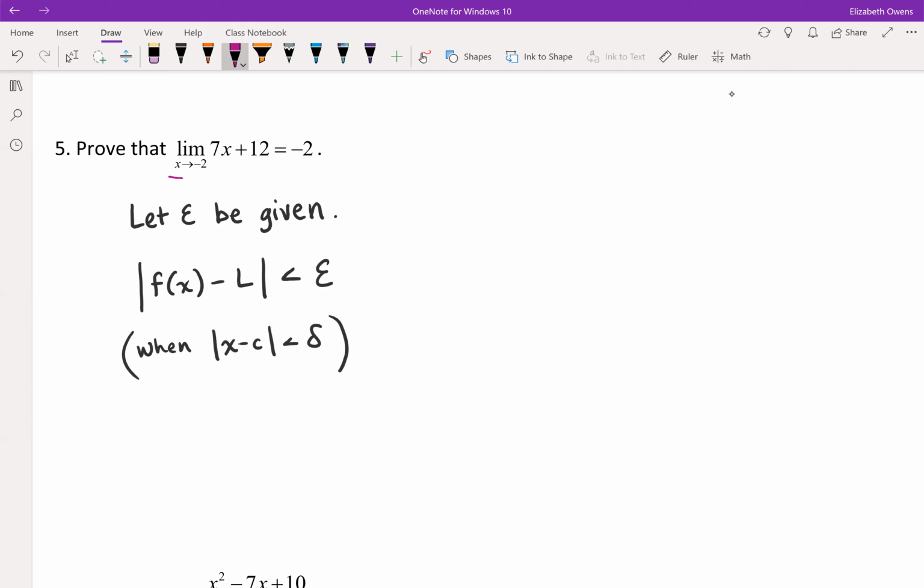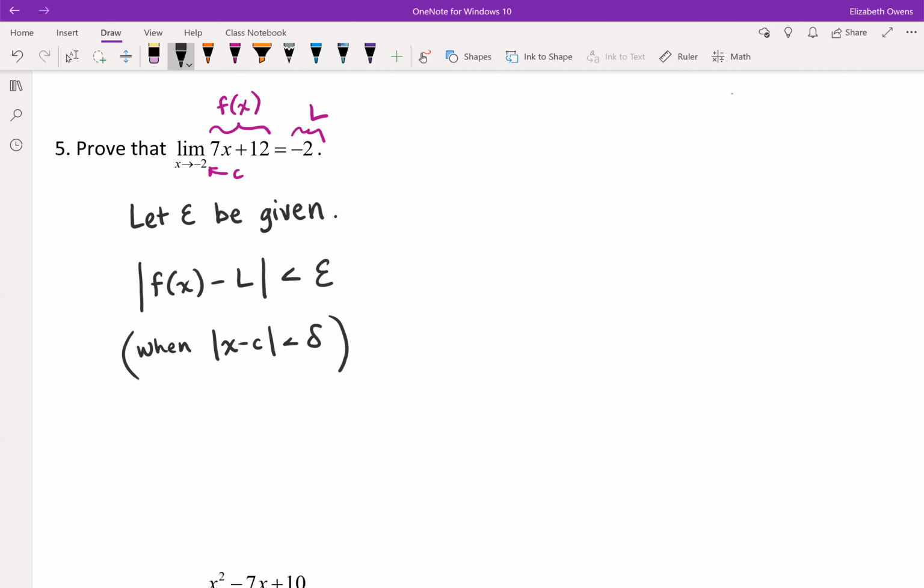Now this limit statement gives us a lot that we need for this formal definition. It tells us what f of x is, that's 7x plus 12. It tells us what L is, L is -2. And it tells us what c is, c is also -2.